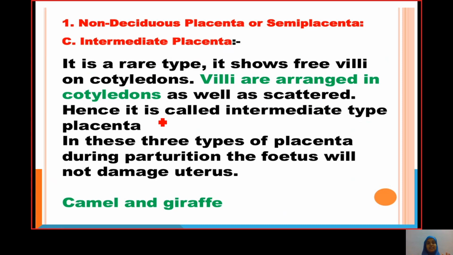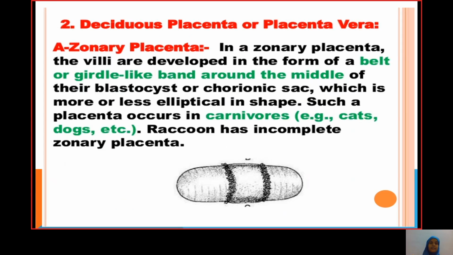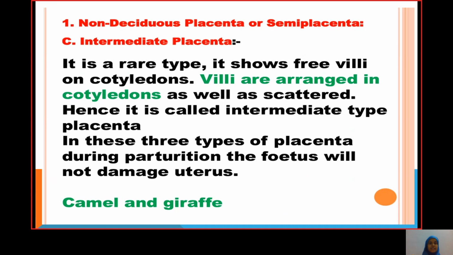Hence it is called the intermediate type. In these three types of placenta, during parturition the fetus is not damaged at all. This type occurs in camel and giraffe. Both cotyledon-type patches and scattered placenta are present in the intermediate placenta type.